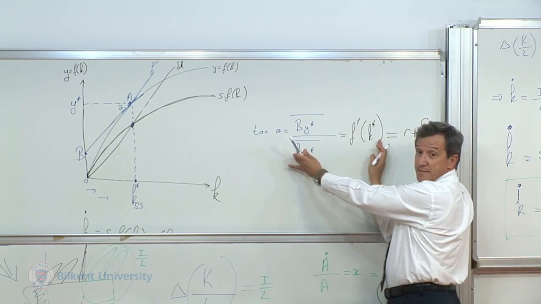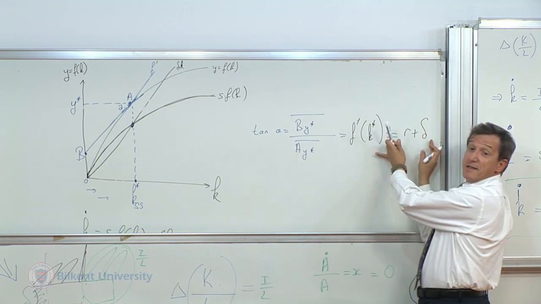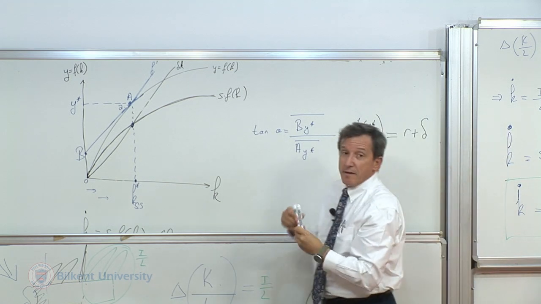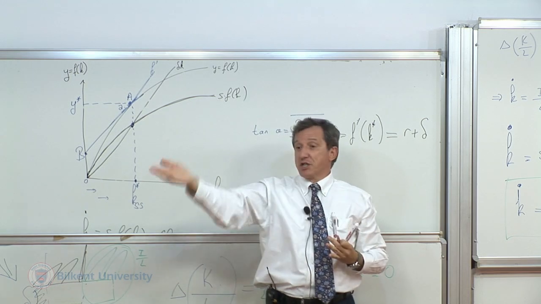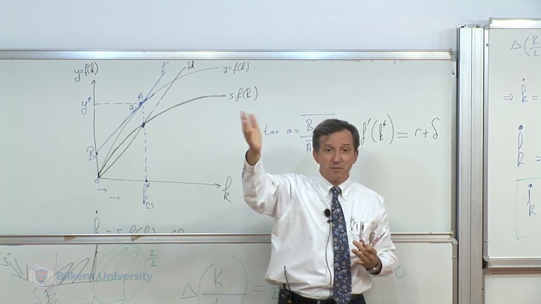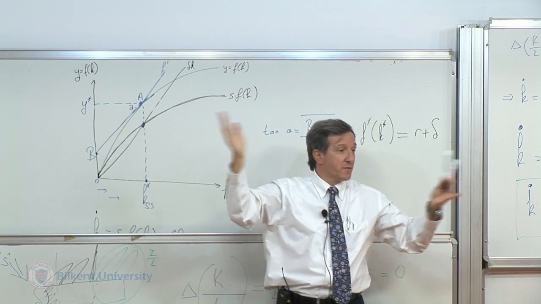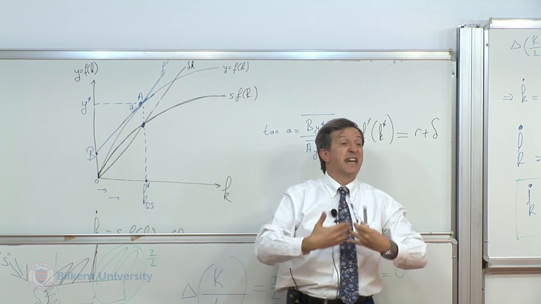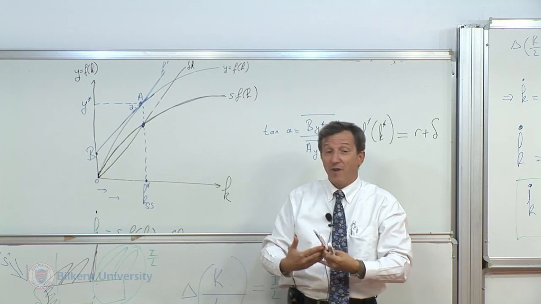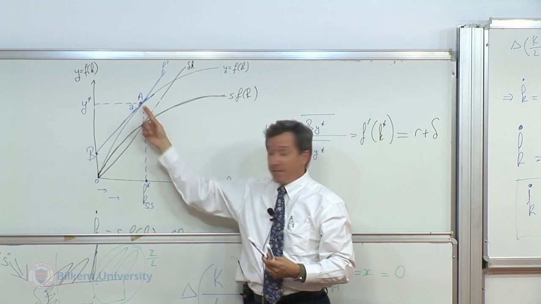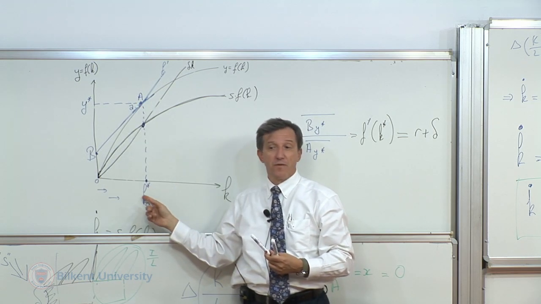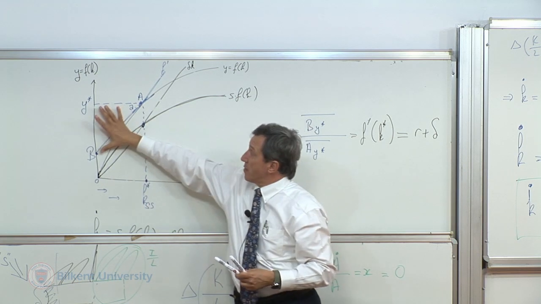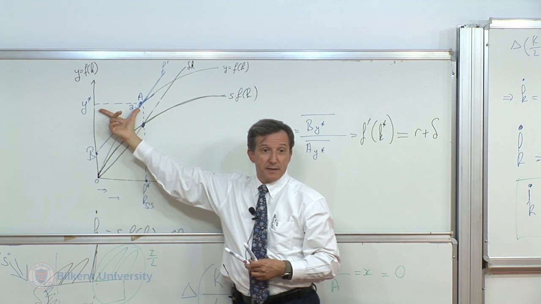This is mathematics. This is neoclassical economics. Mathematics says give me a function. I don't care what you call that function, production function, consumption function, whatever you name it. If you want to measure the derivative of that function at point A, using this amount of the variable K, the derivative is opposite side divided by adjacent side.